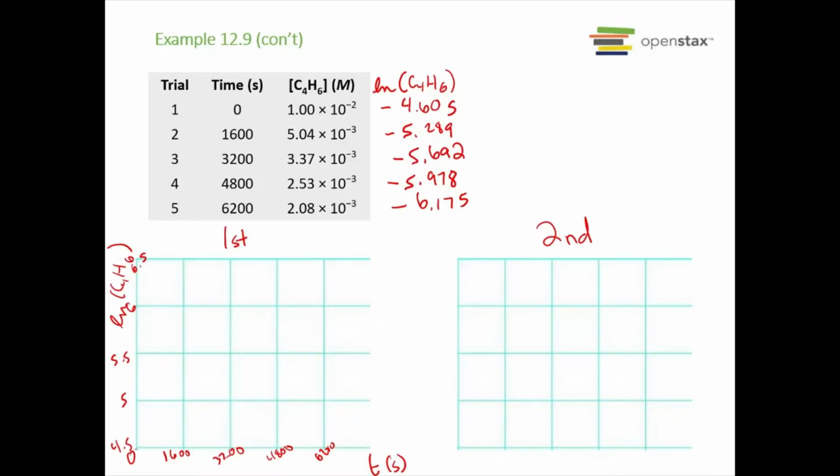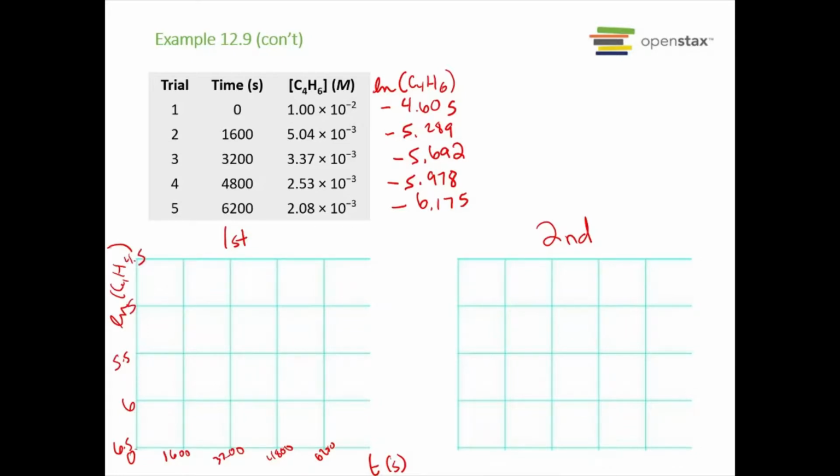All right. So at time 0, the natural log of C4H6 is equal to negative, oops, I did it backwards. Duh. Don't be like me, children. 6.5, 5.5, 4.5. There we go.